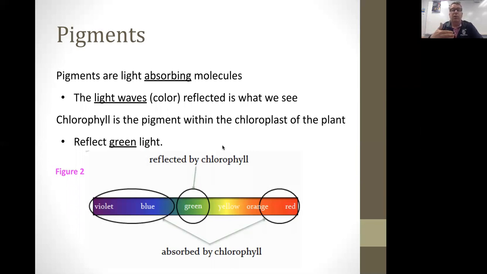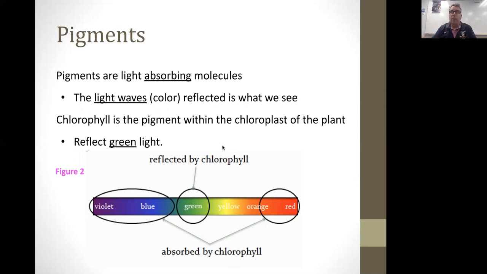Well, the light waves that are reflected are the color that we see. So for instance, we see that the leaf is green. That means that chlorophyll is reflecting the green light. All right, it is not absorbing green, it's absorbing the blues and the reds, but it's reflecting green.